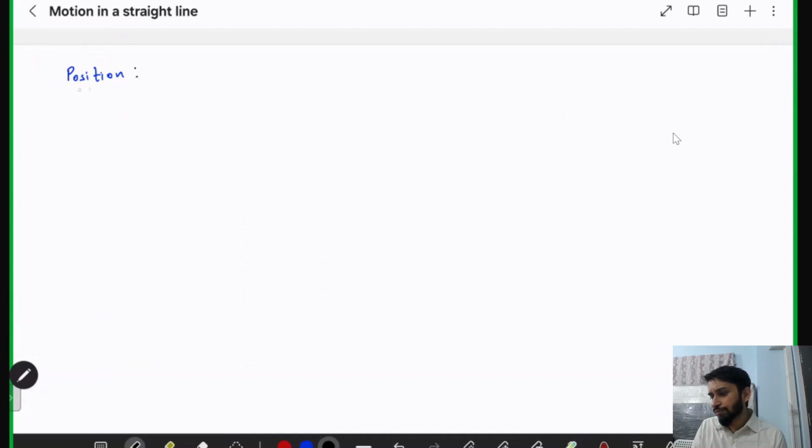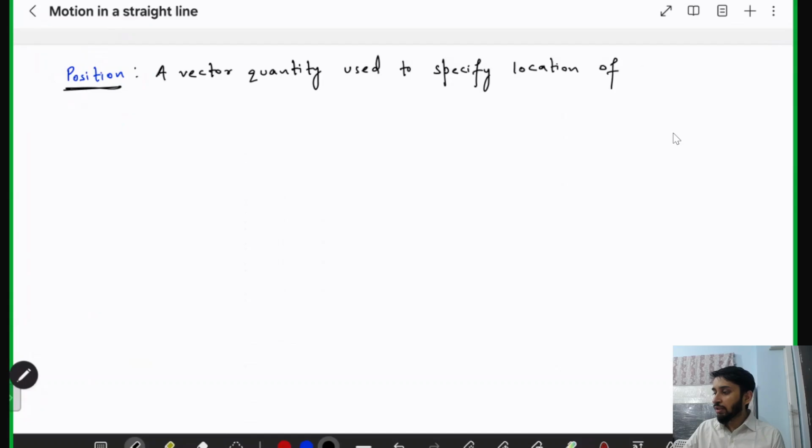Now what is position? Position, in a very simple word, is a vector quantity used to specify the location of any point or object, or body we can say, right?